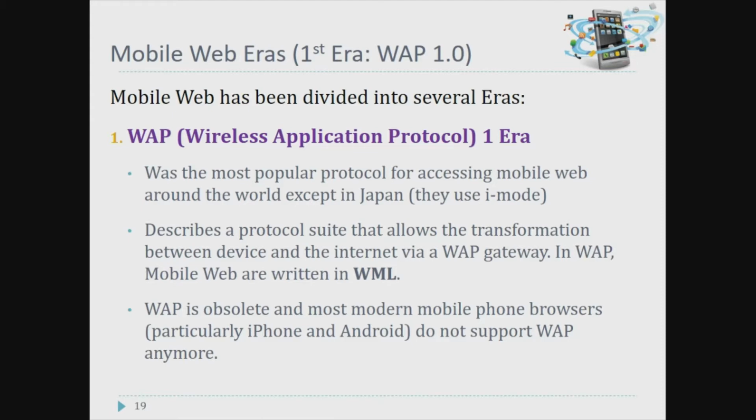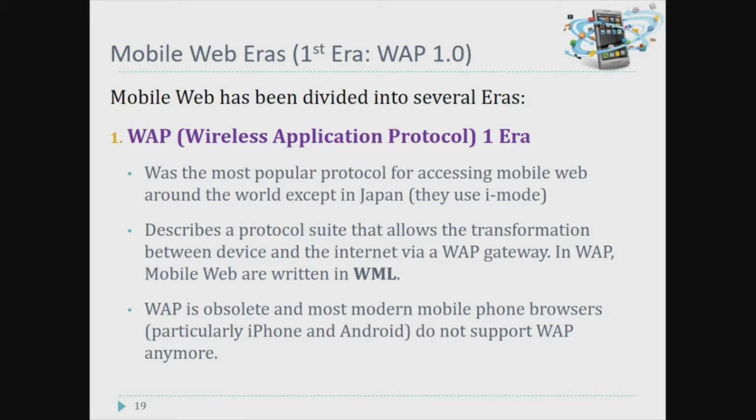Look at the first era, WAP 1.0. This mobile web era was used all over the world except in Japan. It was the most popular protocol for accessing the mobile web around the world.